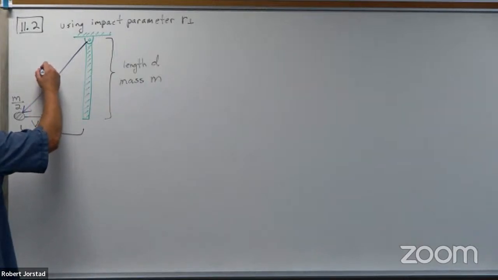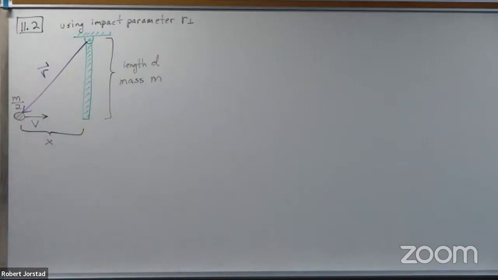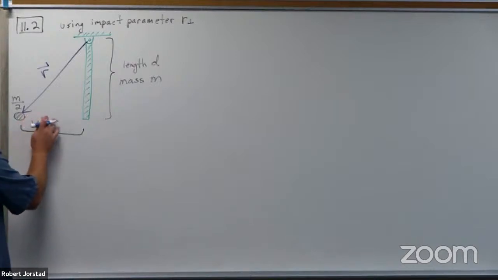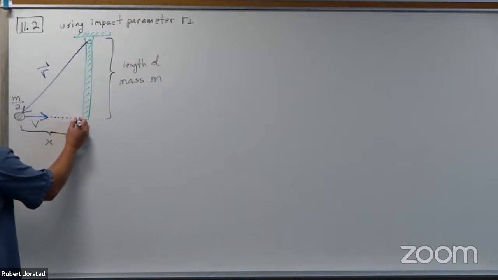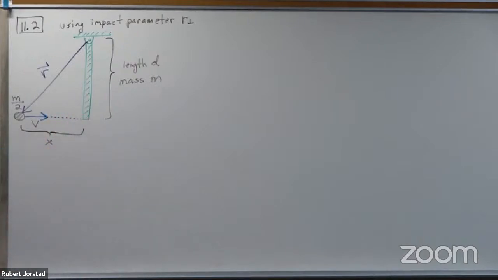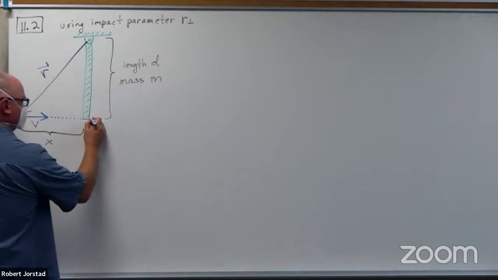This is the R vector. In order to get the impact parameter, I need to draw the line of, you remember what that was called? The line of motion. It was line of action for a force, line of motion if it's through the velocity vector.